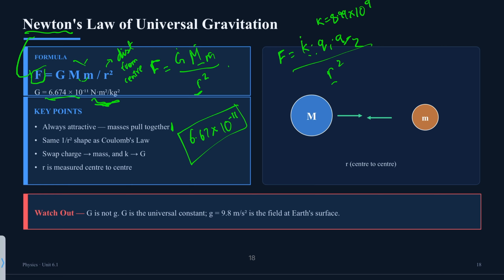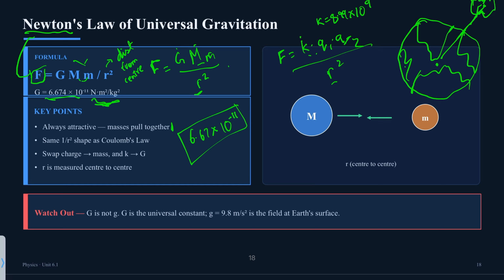Now, why I specified center is because if you had this Earth, just the Earth here, the force of gravity between the Earth and the Moon, I mean, not the force isn't the distance, but the R value here that we plug in is the distance between their centers.